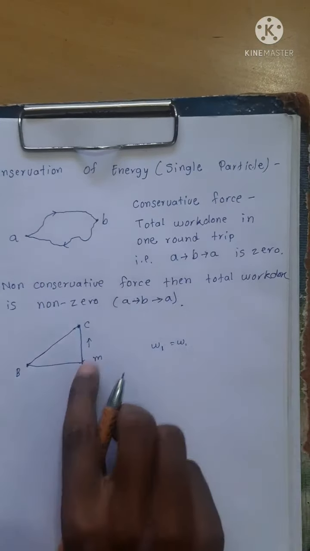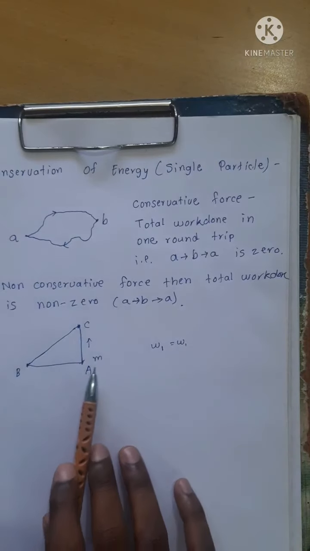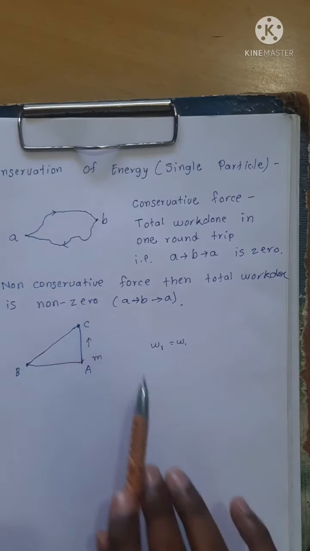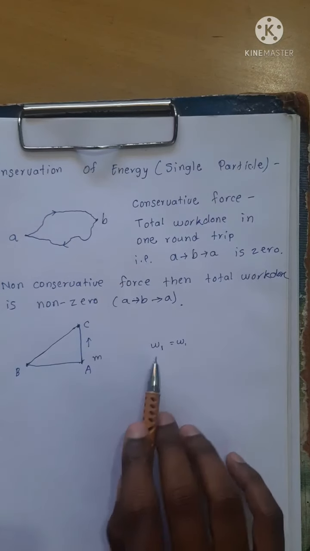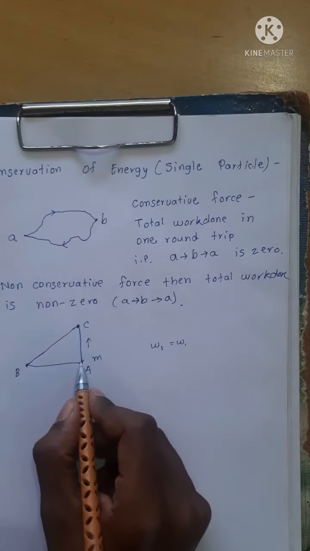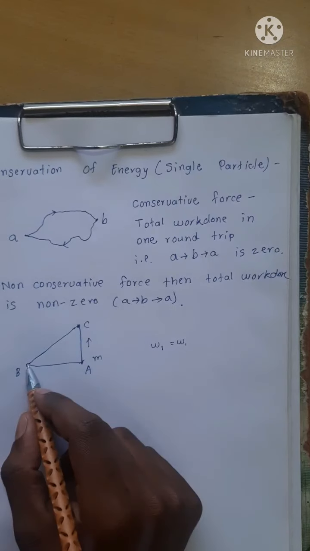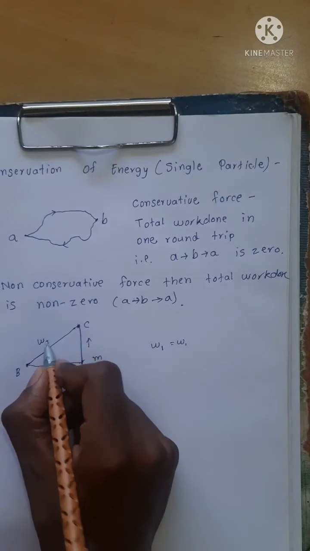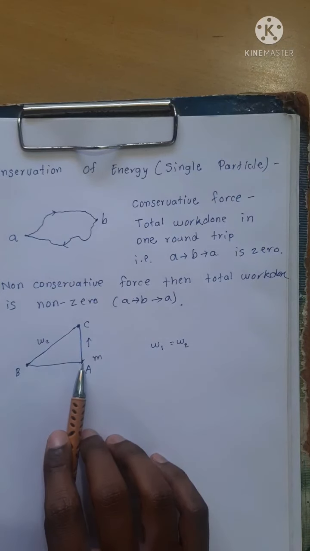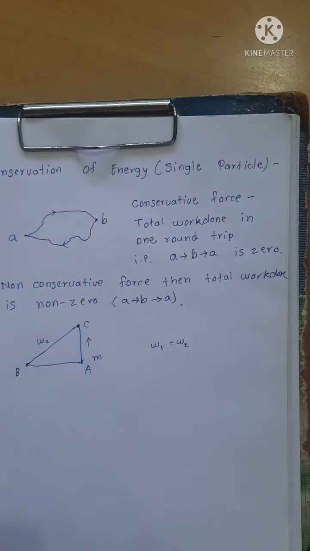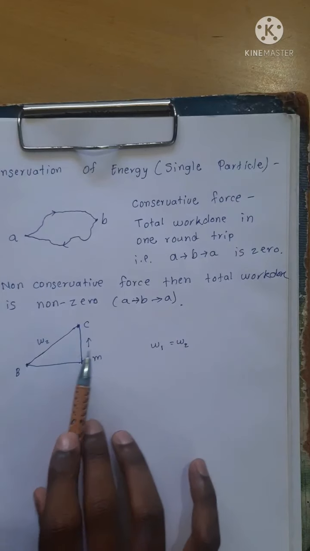Let's say the work done in this path against the gravitational force, because we are increasing the height, so the potential energy will increase, so we are doing work against the gravitational force, that will be omega 1. And let's say a second path is A to B, B to C. Let's say the work done in this process is omega 2. Now we can prove this mathematically.